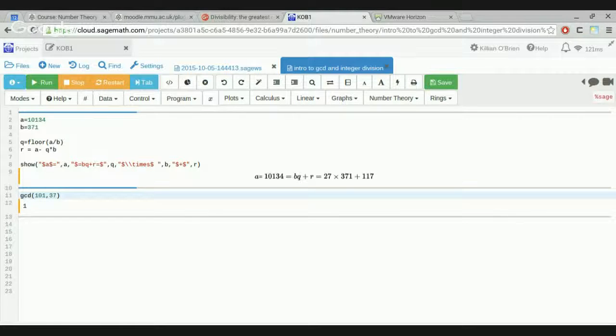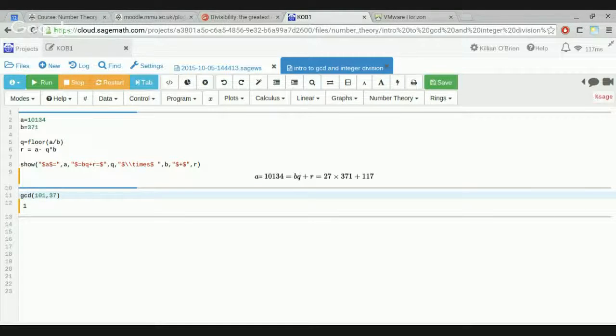Now, how did I calculate the q and r here? Well, I divided a by b. In general, that's not going to be an integer; it's going to be a rational number. But I took the floor of it. The floor is the function that gives you the largest integer less than a given real number.